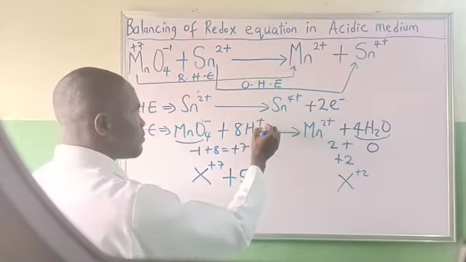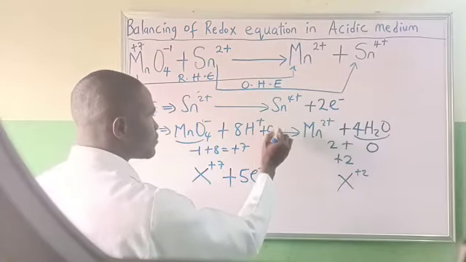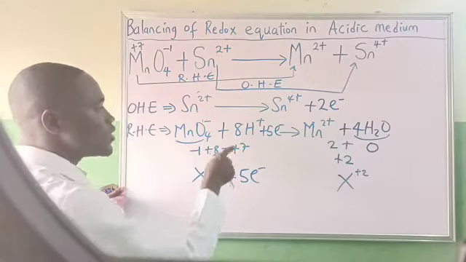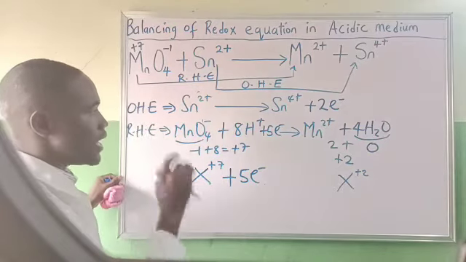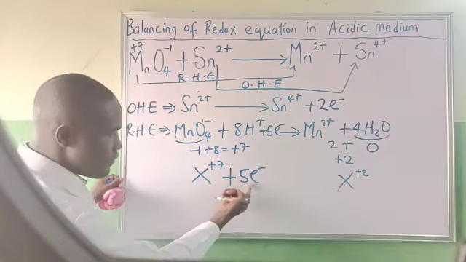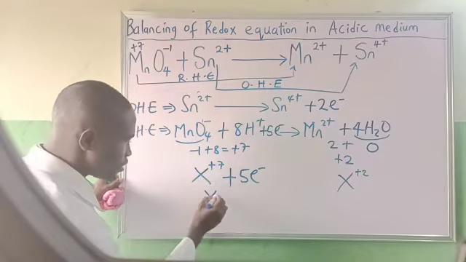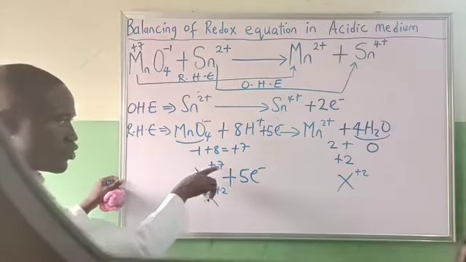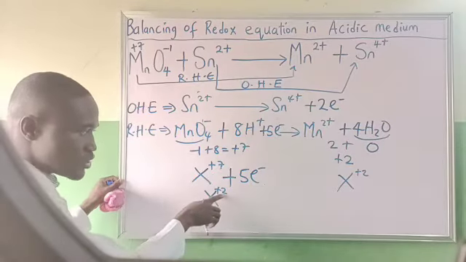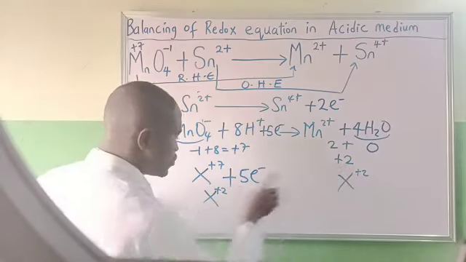I will now say plus 5 electrons. Plus 5 electrons means it's now losing only 2 electrons, because when it gains 5, only 2 will now be lost. It has gained 5 to take care of this 7 to reduce it to 2. Now this is 2, this is 2.